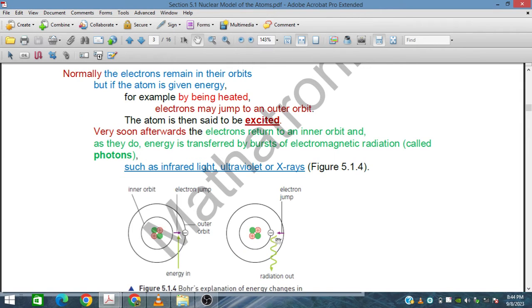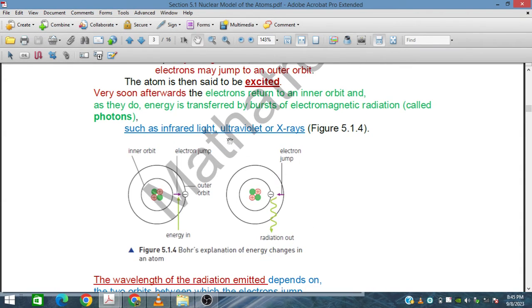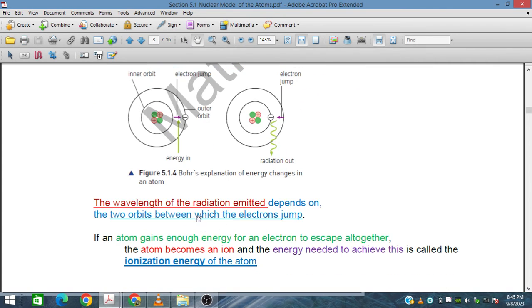Suppose the electron is excited to reach an outer orbit, and after some time it returns back; it radiates some radiation out. This was Bohr's explanation: it emits photons, such as infrared light, ultraviolet or X-rays. The wavelength of the radiation emitted depends on the two orbits between which the electron jumps.